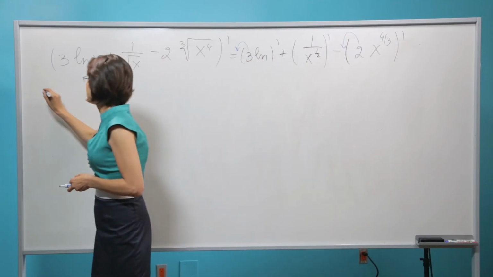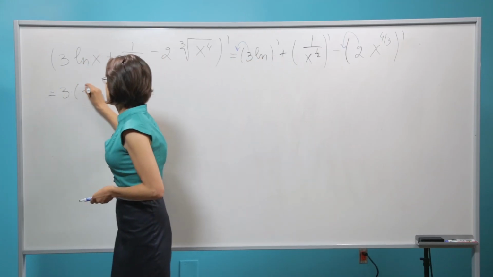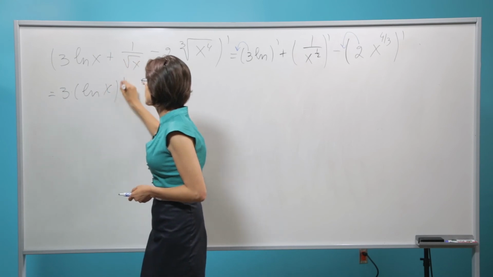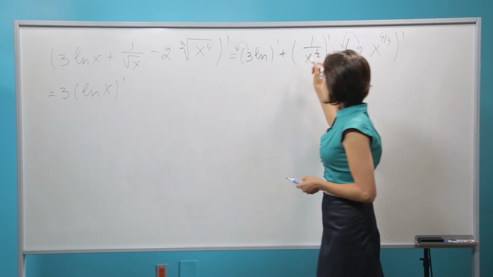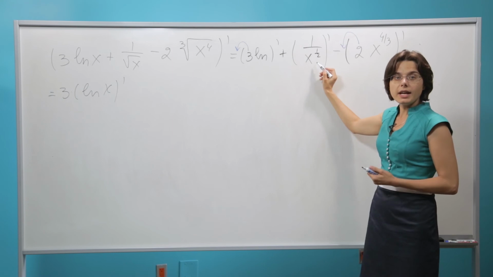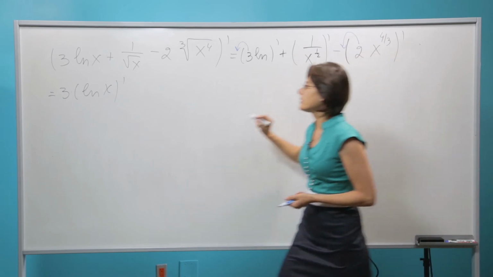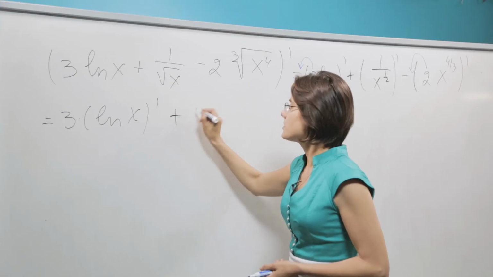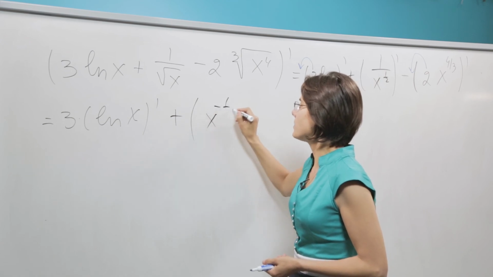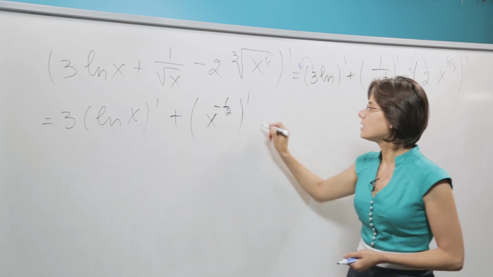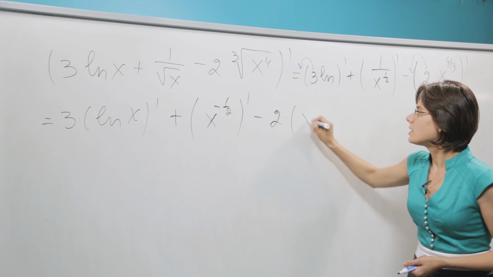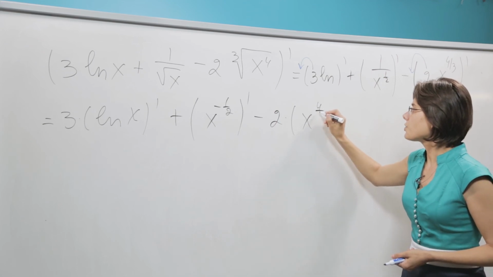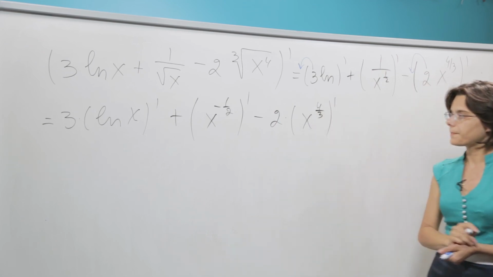So we have 3 times derivative of natural logarithm of x. Now 1 over x to the power half, again I introduce as a negative power. So it will be plus derivative of x to the power of negative half, minus 2 times derivative of x to the power of 4 over 3.